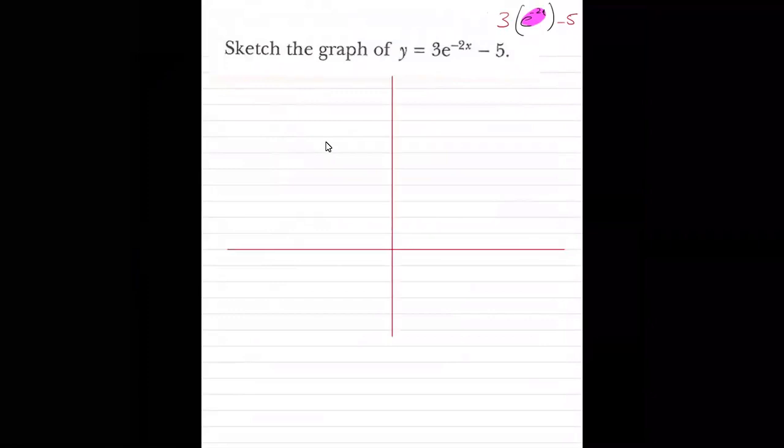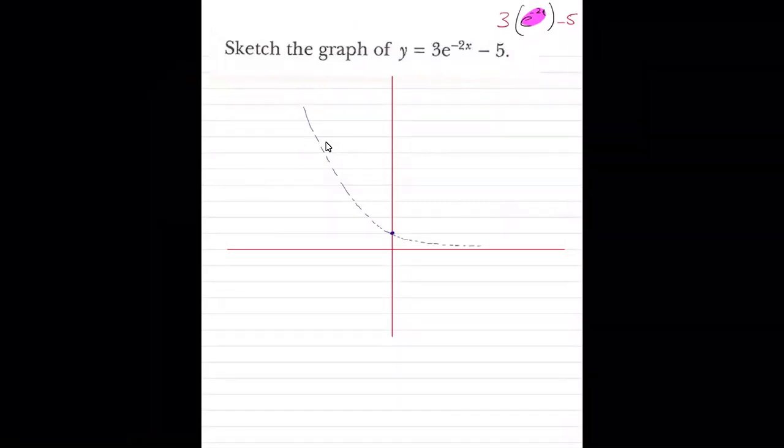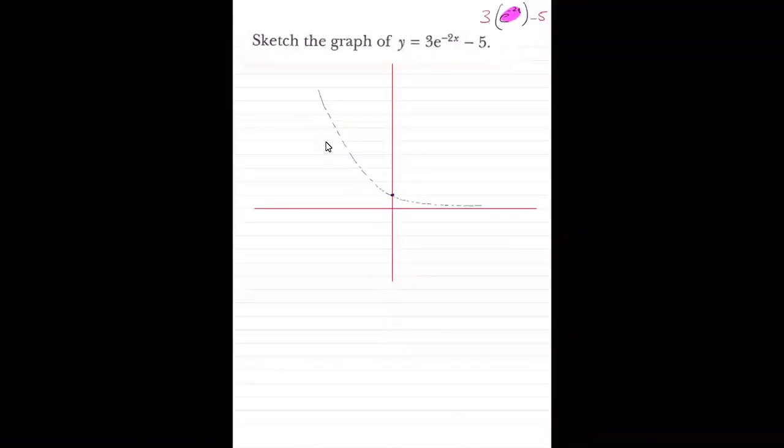Right now, I'm going to draw the graph for e raised to the power of minus 2x. I'm just drawing a dotted graph because that's not my final graph. This is e raised to the power of minus 2x.